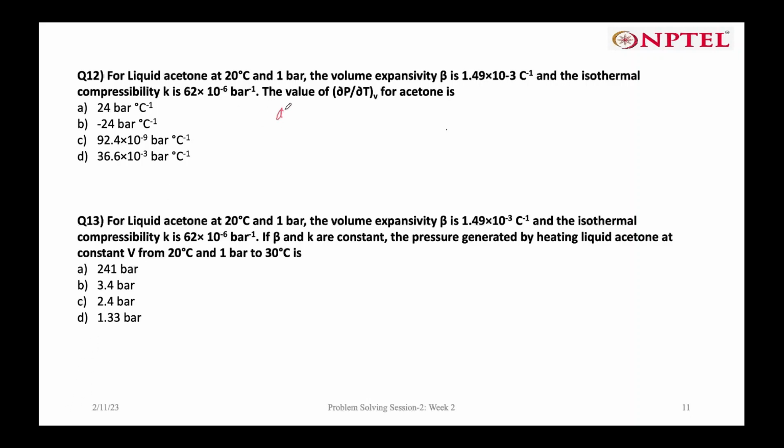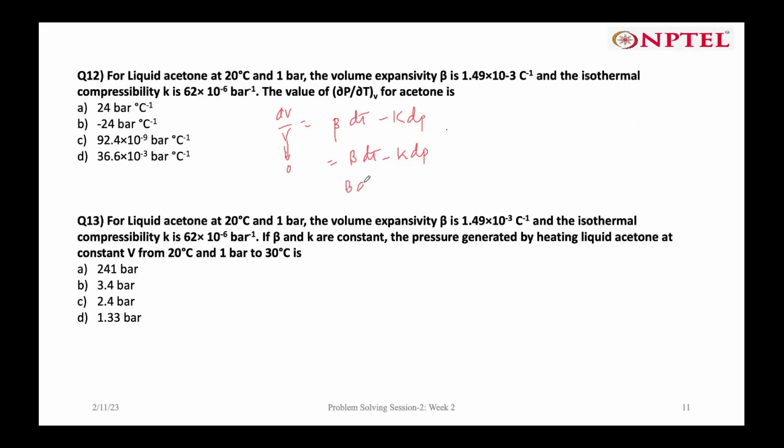So we know the relation dV by V is equal to beta dT minus K dP. In the statement it is given at constant volume. So at constant volume, this term will become 0, right? So beta dT is equal to K dP, right?